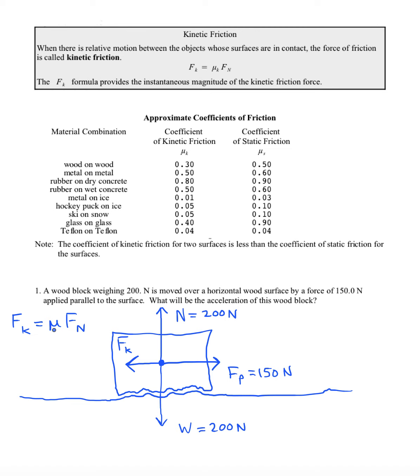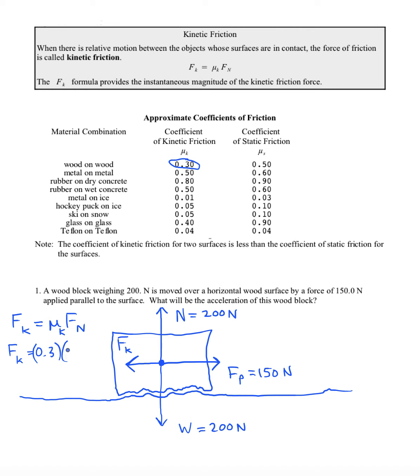Alright, so our mu for kinetic friction is going to come from the table. We're doing wood on wood here, so we need a coefficient of 0.3. And we're supposed to multiply the mu k, the coefficient of kinetic friction, times the normal force.